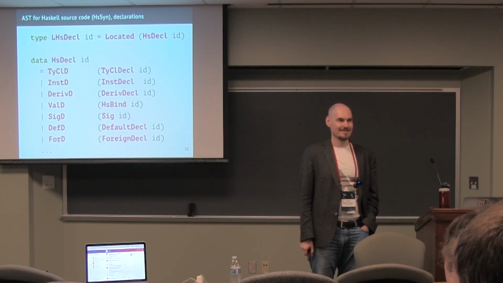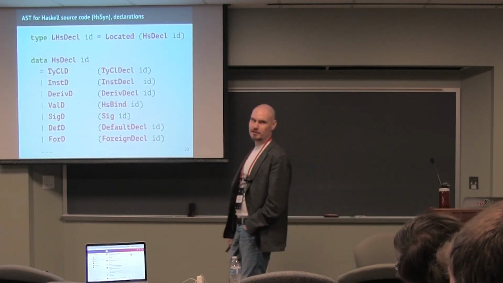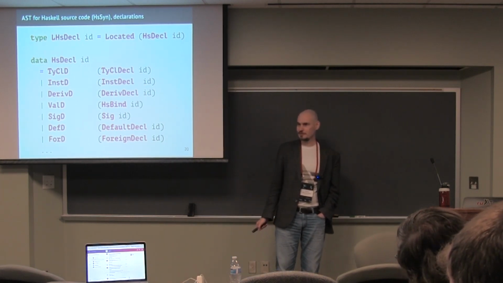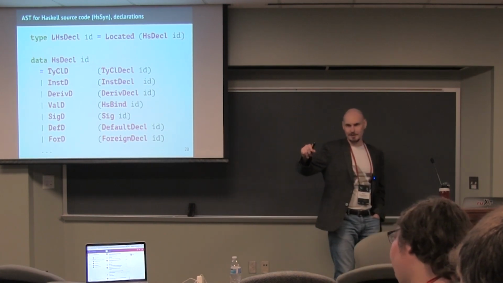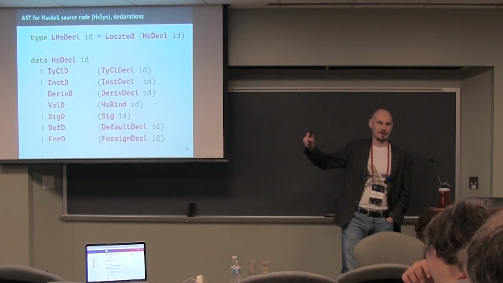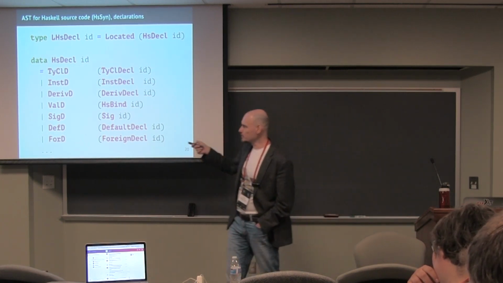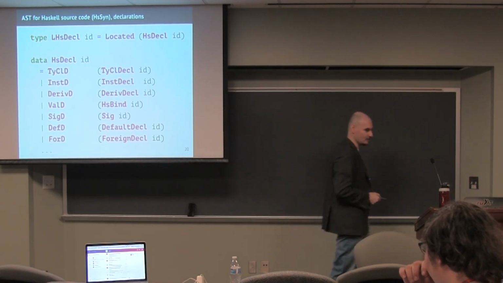Is this just any top level definition? It's not one of these other things? Exactly. Any top level, so any function that you write in your Haskell code, it's a value. If you write just some constant, everything is a value here. So ValD is value declaration: any function, everything that you can write there.